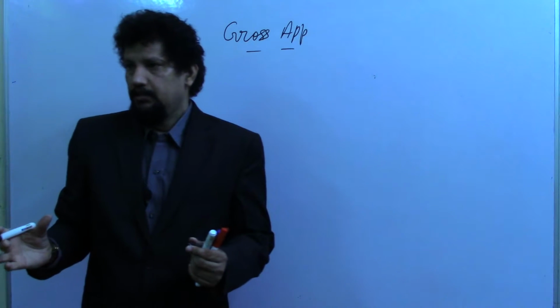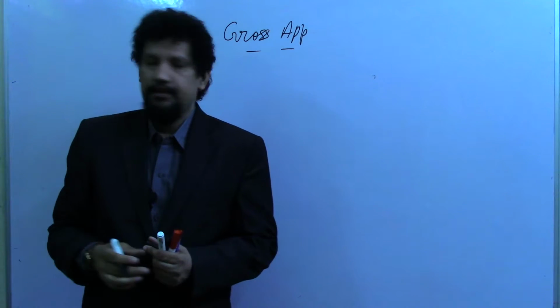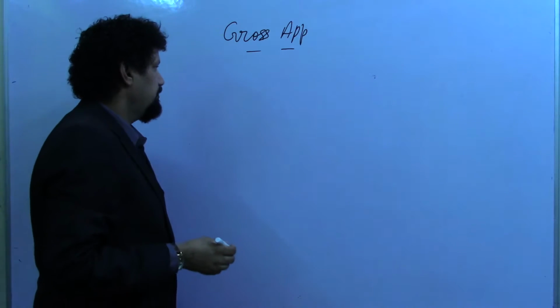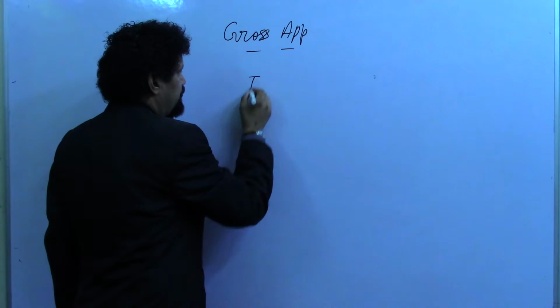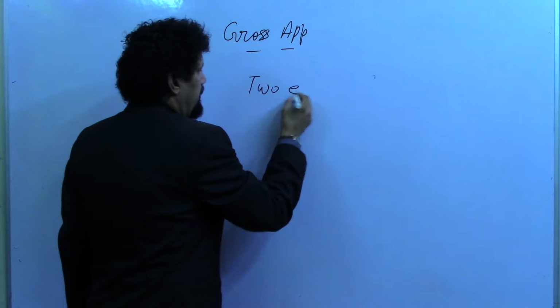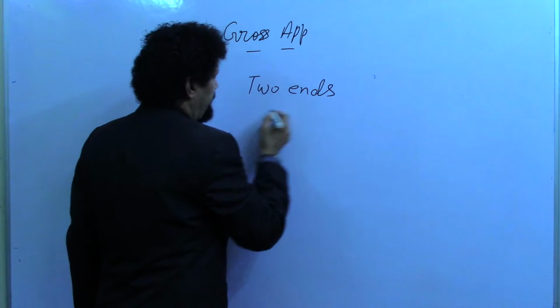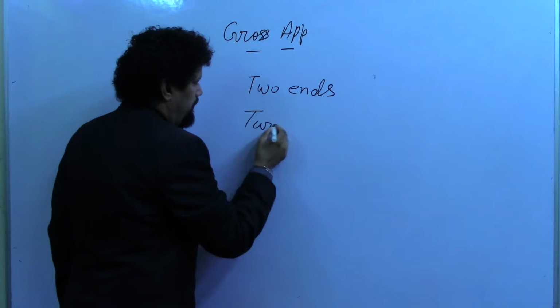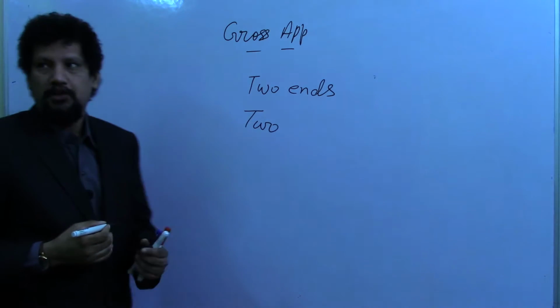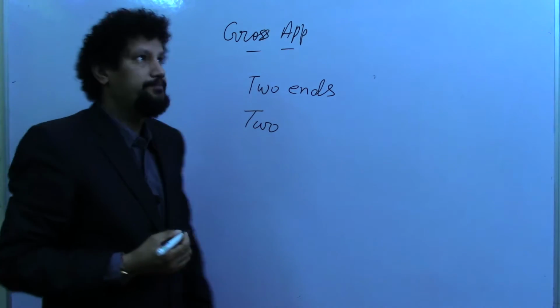The skeletal muscle is formed by two parts and two ends. So it is having two ends, and it is divided in two parts.